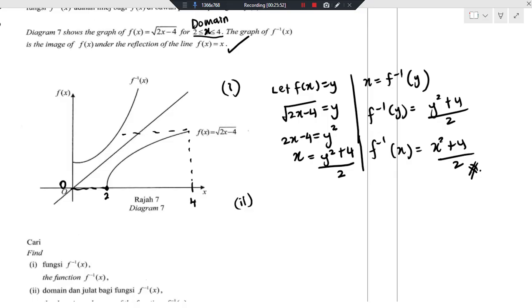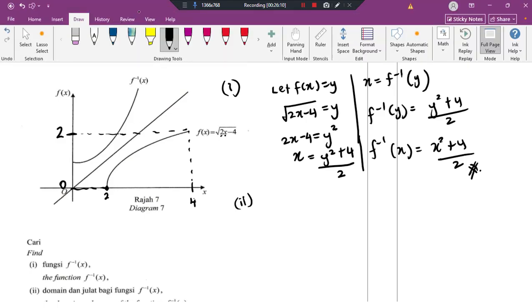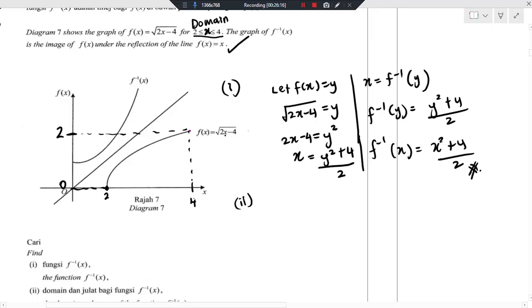Tak faham? Dia nak semua saya buat jalan kerja. Okay. Dekat sini, what is the X value? 4, right? Why this is 4? Because you only draw for 2 until 4. Faham? That's why your domain start with 2 and with 4. Masa dia ambil value 4, apa dia punya Y value?